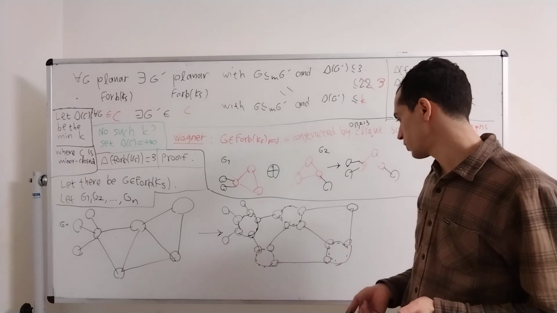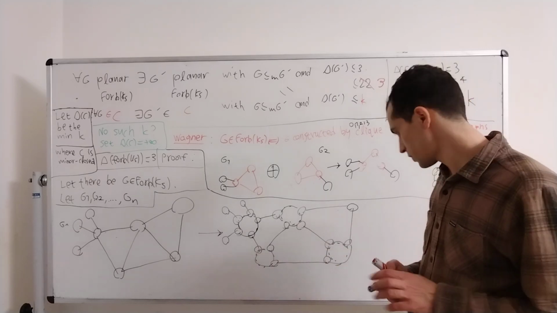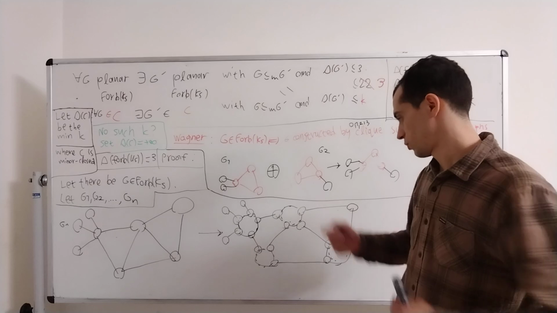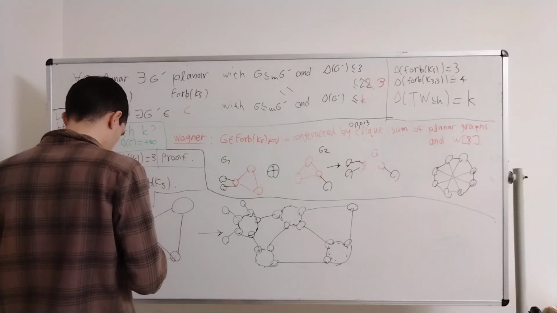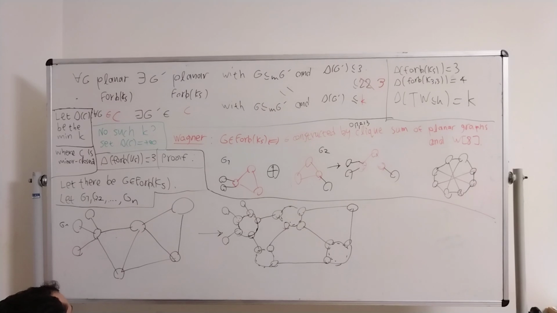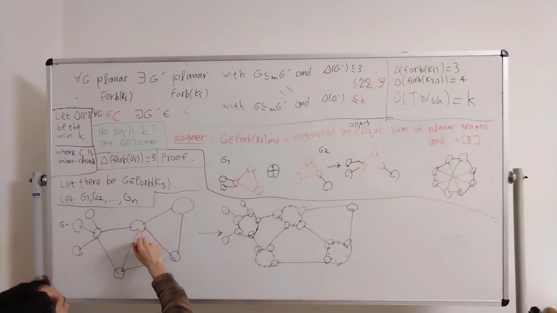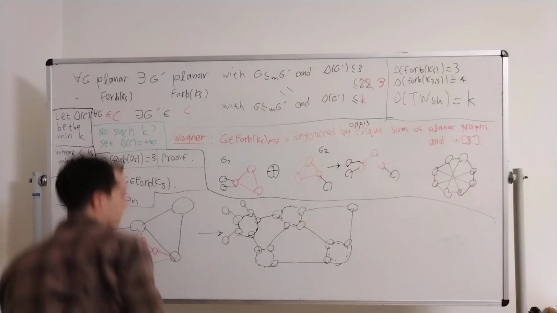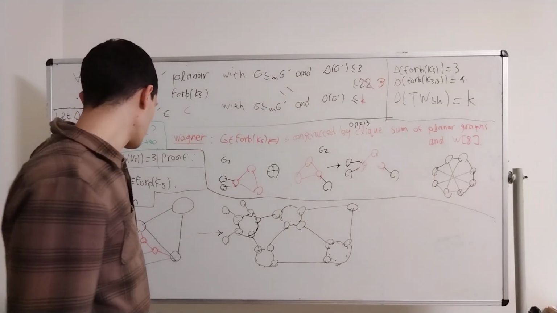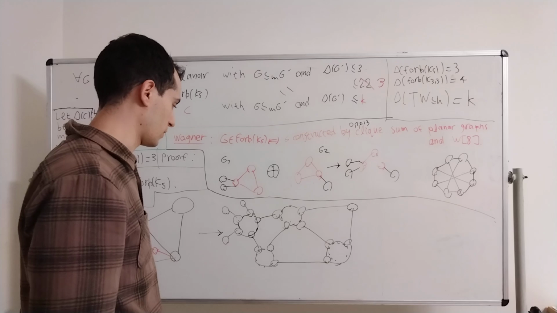So what do we do about this? Here is how we approach it. We will go here and add a triangle. And this is still a planar graph, right? So we have the right to do that.